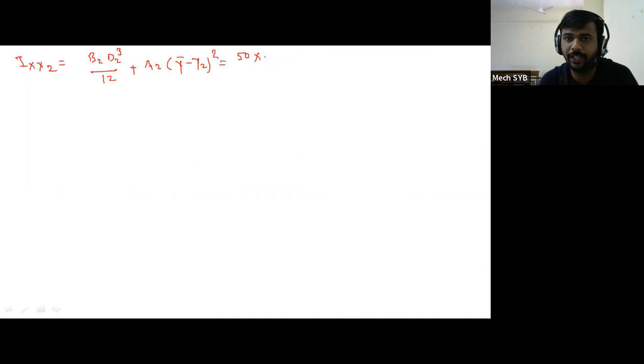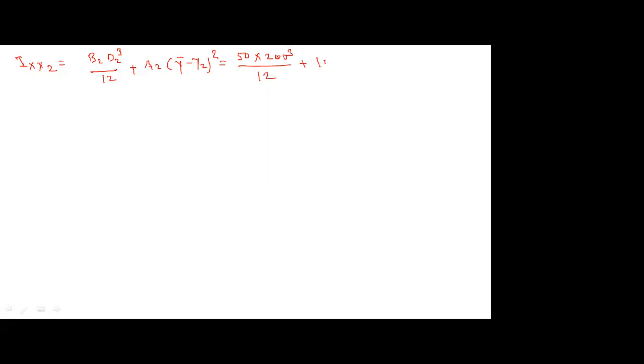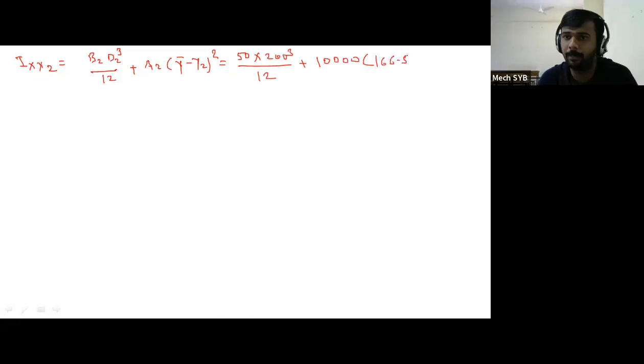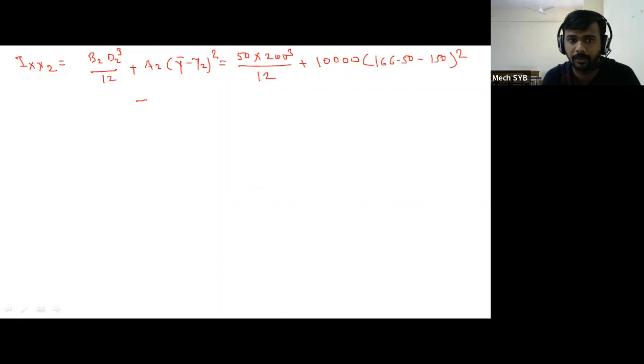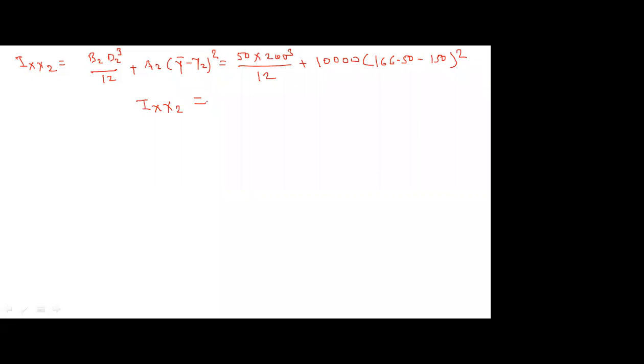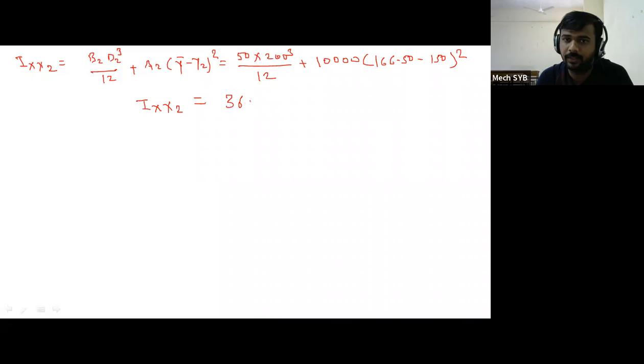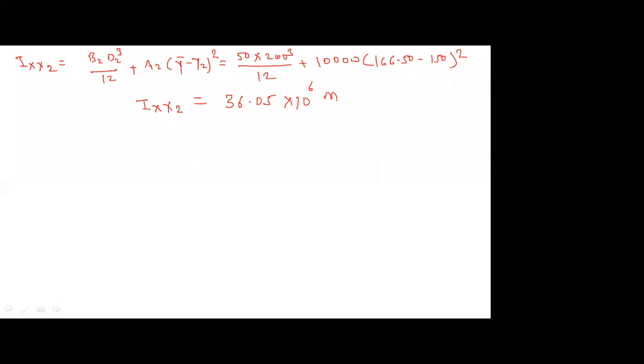Vertical distance D2 cube, that is 200 cube divided by 12 plus 10,000 in bracket 166.50 minus 150 bracket square. So Ixx2 is 36.05 into 10 raised to 6 mm raised to 4.